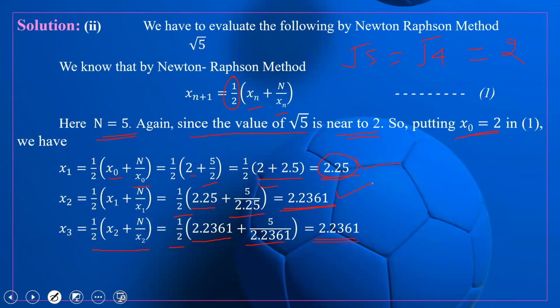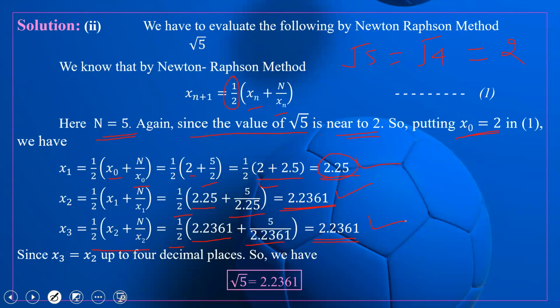Just look here, x2 and x3 are both the same. With the Newton-Raphson method, we easily get the correct solution within a small number of iterations. Since x3 is equal to x2 up to 4 decimal places, root of 5 is equal to 2.236.